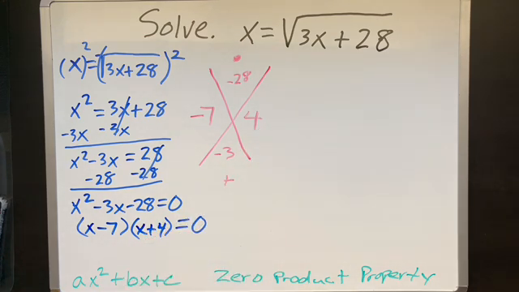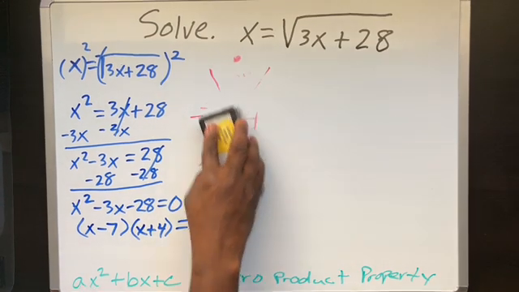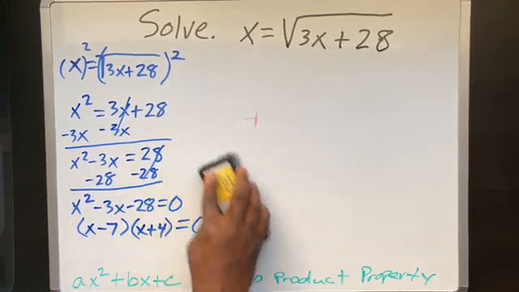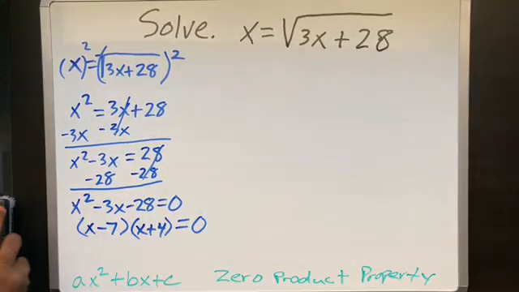Now we're ready to go ahead and solve this equation. Let me go ahead and erase this. I'm working my board here. Now, our next step is we're going to solve for x and get our two values.